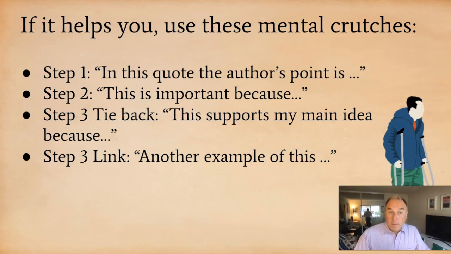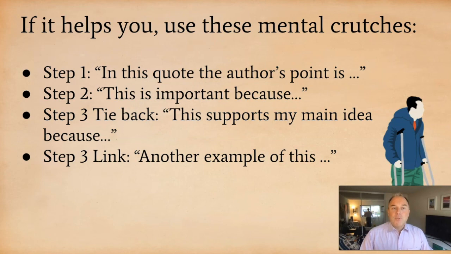So for step 1, the paraphrase, if you think to yourself, in this quote, the author's point is, and then blah, blah, blah, then that reminds you that, okay, step 1 is just paraphrasing or summarizing what the author is arguing, right? Step 2, if you use the crutch, this is important because, and then you go into that, then again, that's going to remind you, okay, this is where I want to show why this quote is important.